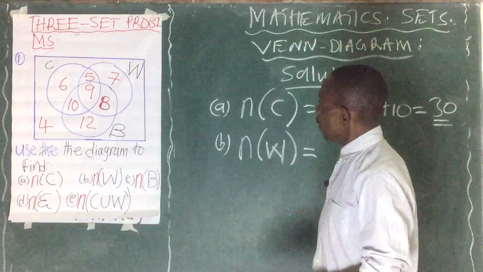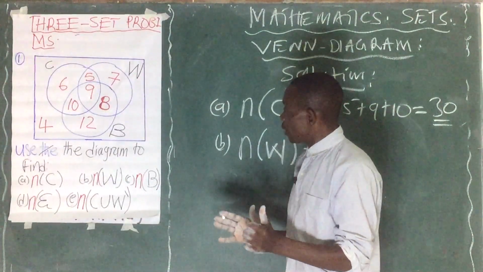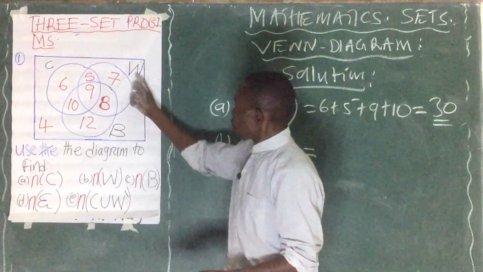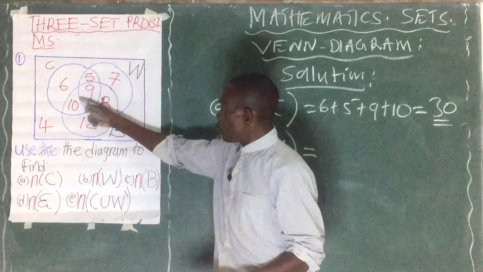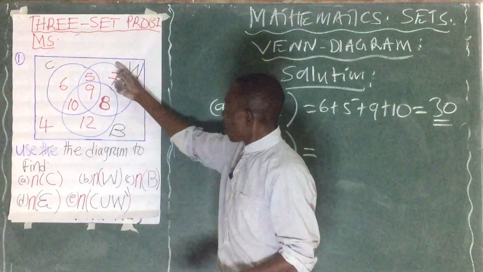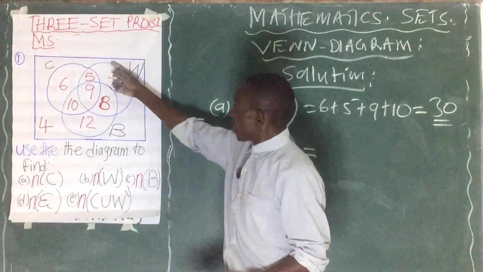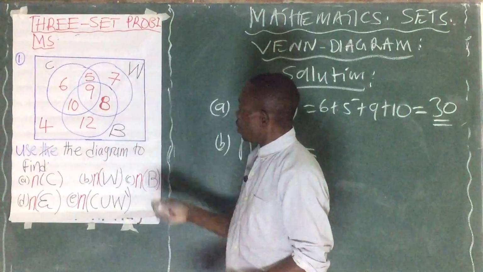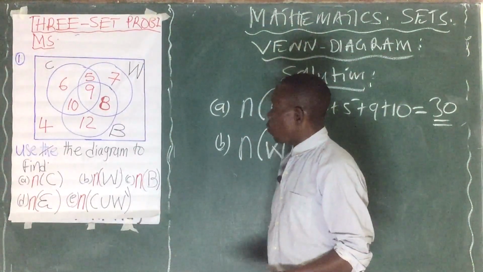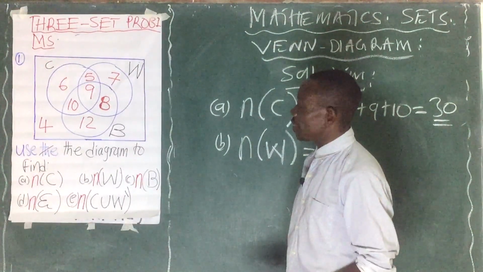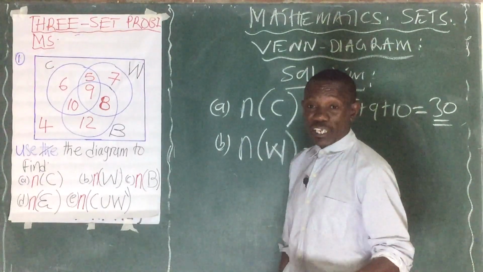Similarly, when it comes to the Venn diagram, the skills remain the same. Focus now on the set W, which in this case is a circle represented by W. So you check what parts have been made in W and the numbers attached to them.